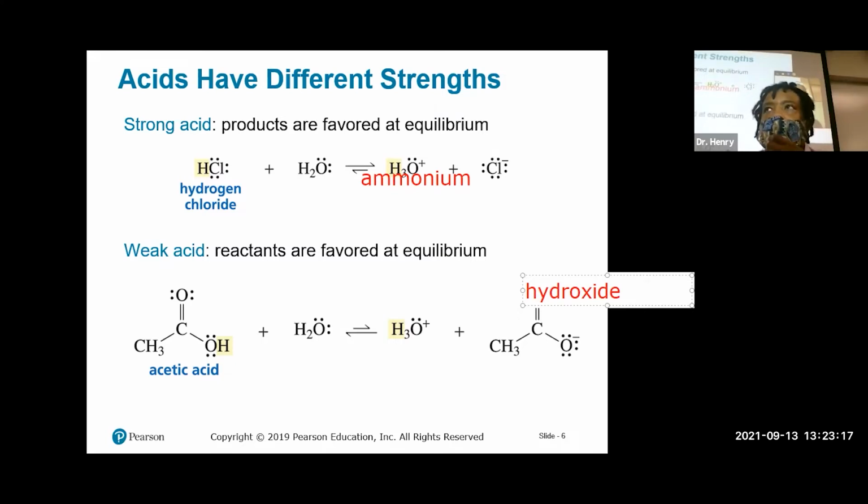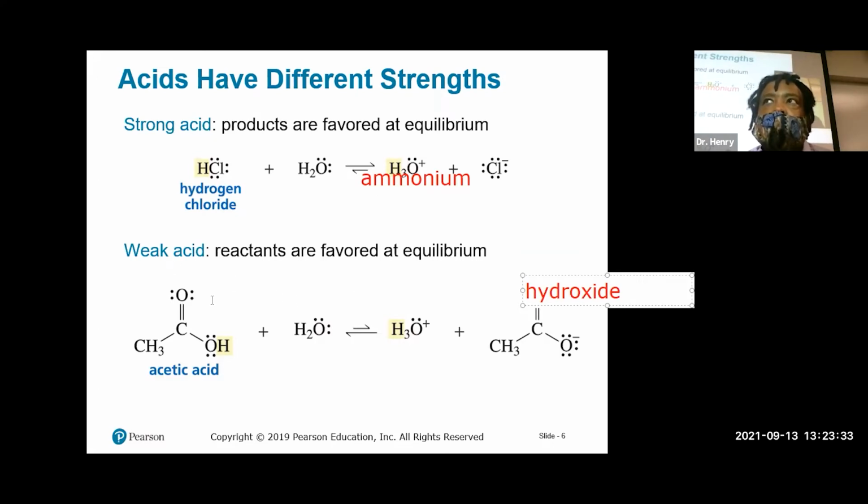Okay, so basically, in the case of weak acids, we're going to be favoring staying together rather than moving apart. So you're going to be favoring the reactants. In the case of acetic acid, which is a carbon acid, this guy is favored.